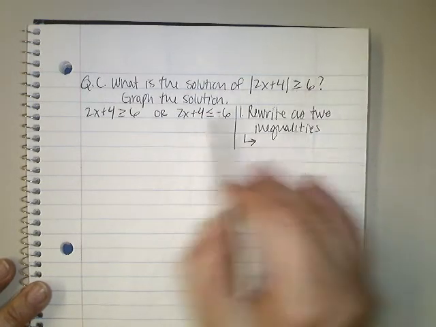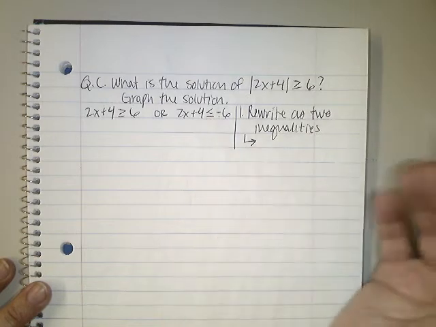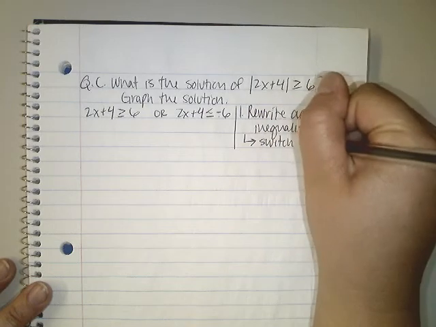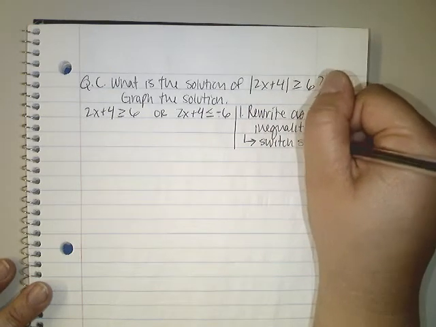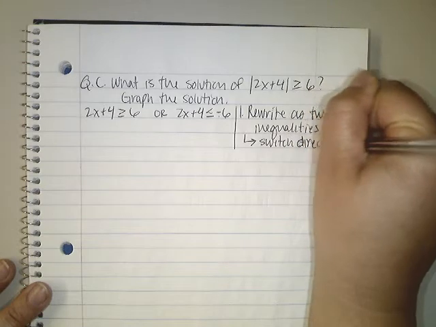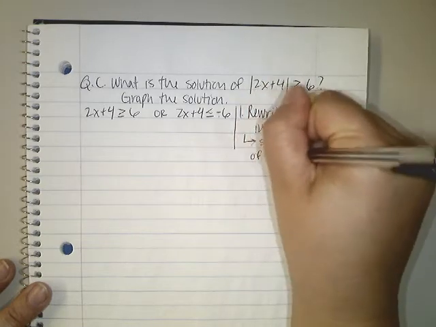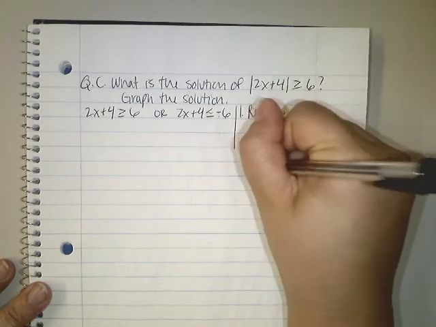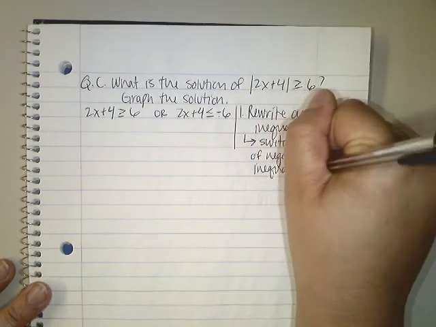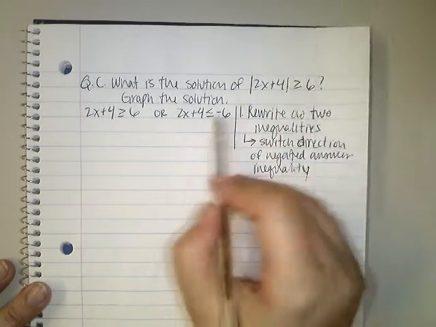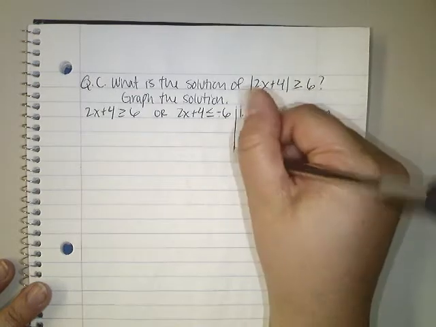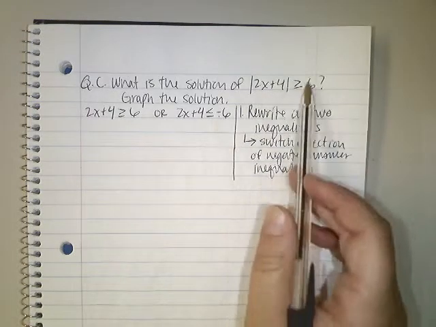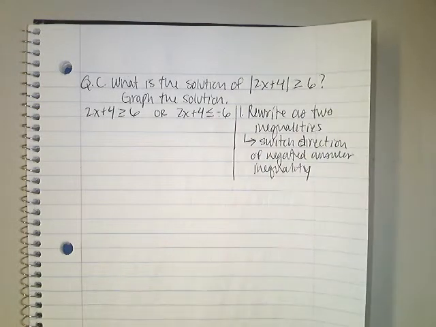So switch the direction of the negated answer inequality. Notice that I switched this sign when I negated 6. Similarly, when you take out the answer and make it negative, you need to switch the sign.